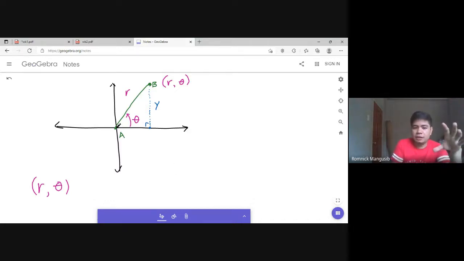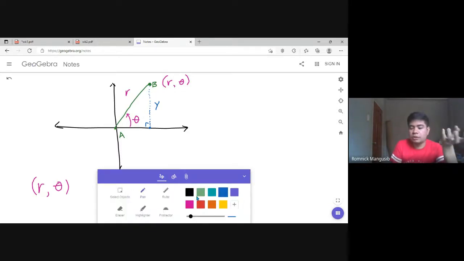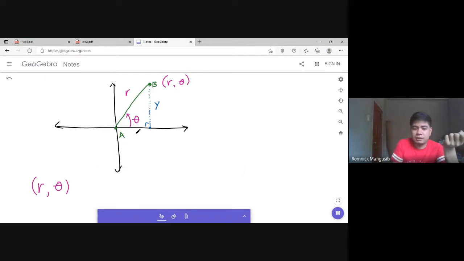And in here, the length that represents the horizontal is what we call the length for x. So ito naman, ang distansya dito hanggang dyan ay nire-represent ng x. Sa madaling salita, kapag kukunin natin ang coordinates ng point B, ay meron siyang coordinates x, y. Okay? Yun ang ibig sabihin.